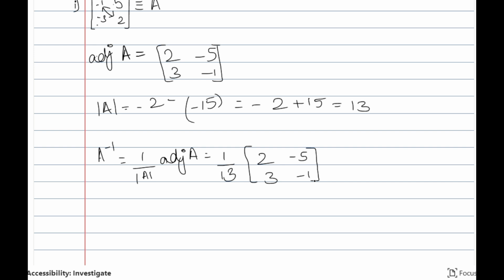So over here this is a complete answer, but some people, what they do is they prefer fractions. So what we'll do, we'll write it as 2 by 13, 3 by 13, minus 5 by 13 and minus 1 by 13.